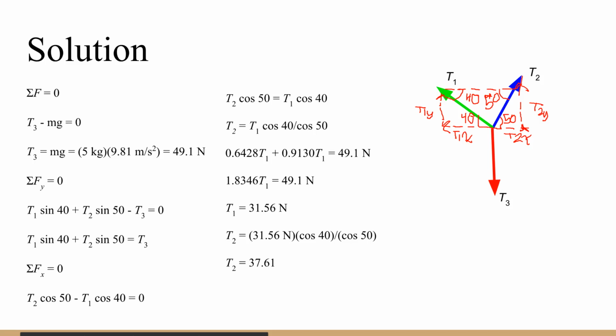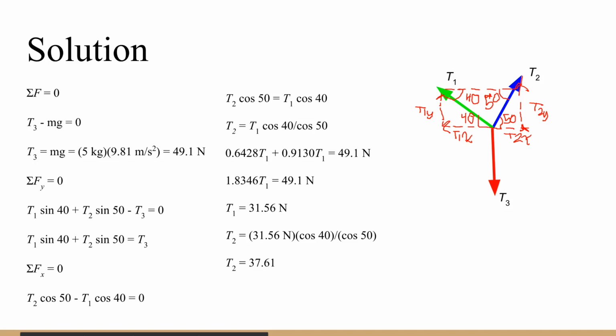So we've seen 40, 40, 50, 50. These are both parallel. I divided T2 and T1 to its components. So the net force must be equal to 0. There's no acceleration. The mass is completely still. If we look at our first one, I didn't draw a free body diagram, but it's quite simple.